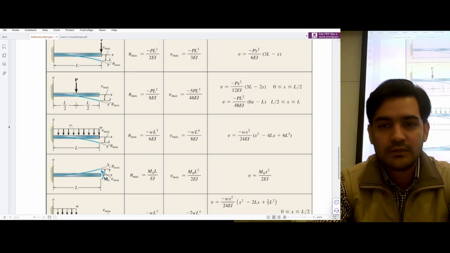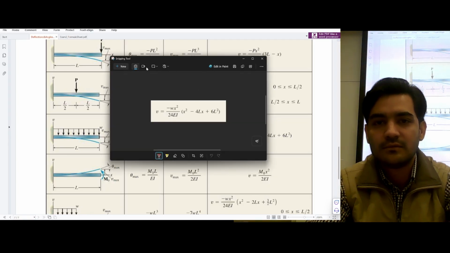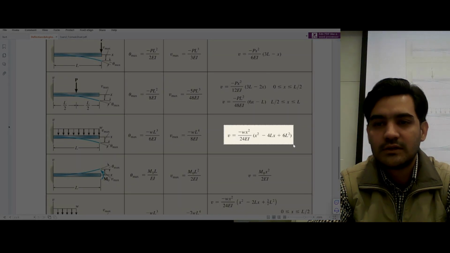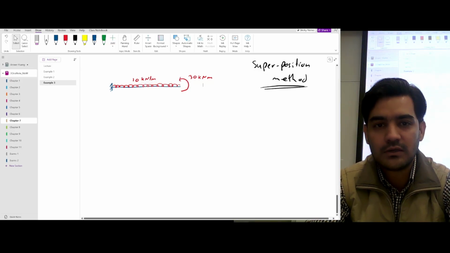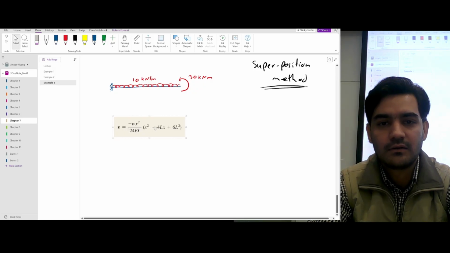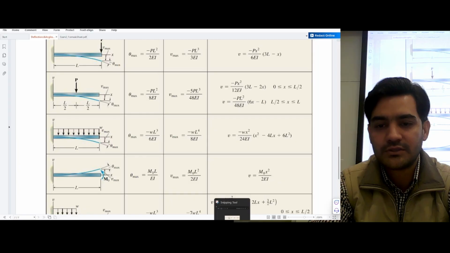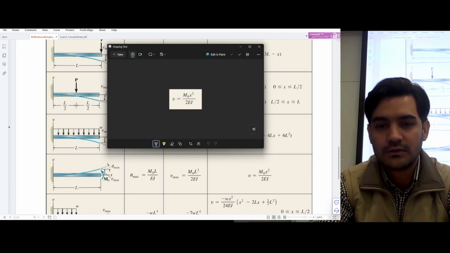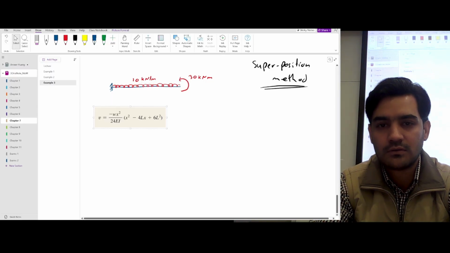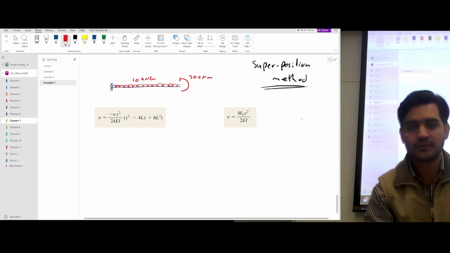So this is a uniformly distributed load equation, right? This is for uniformly distributed load, so I'm going to put it here, and this equation is for the moment, right? So I'm going to put this equation here. Basically we need these two equations.